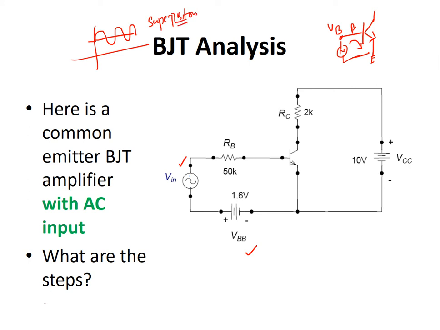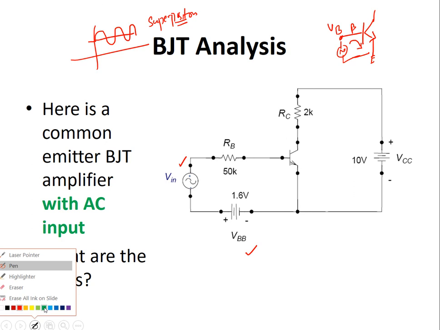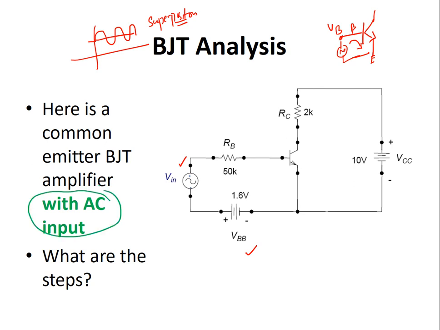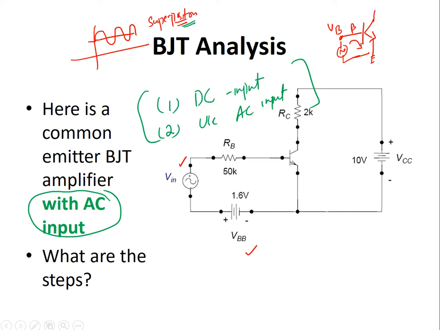So if we want to perform the analysis of a BJT with an AC input, we have to use the superposition technique. Superposition technique is: first, use only the DC input and get the output. Second, use the AC input and get the output, and then we can combine both of them.